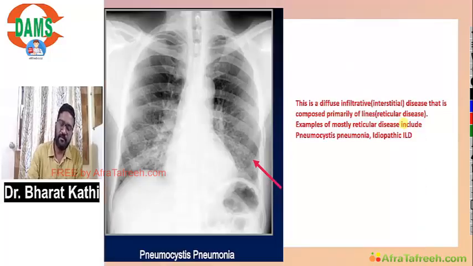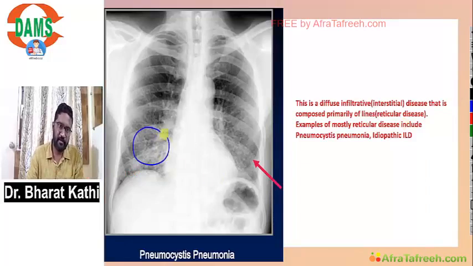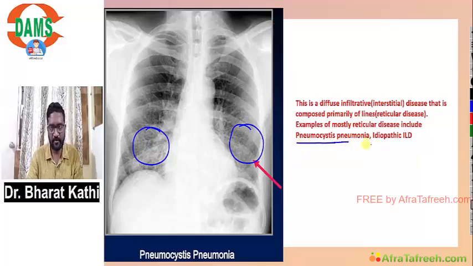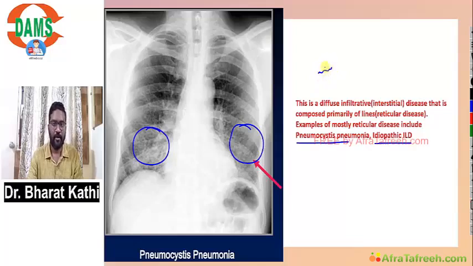Then this is an interstitial pattern. This can be seen in pneumocystis pneumonia and ILDs. So here you don't have any densities. You can see some lines or a few nodules, and some haziness.